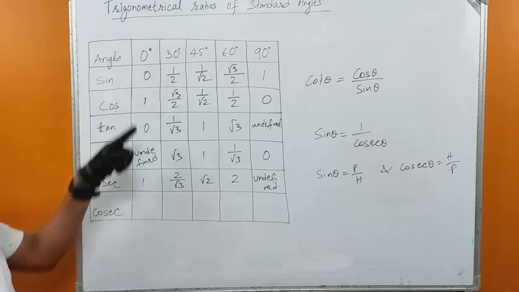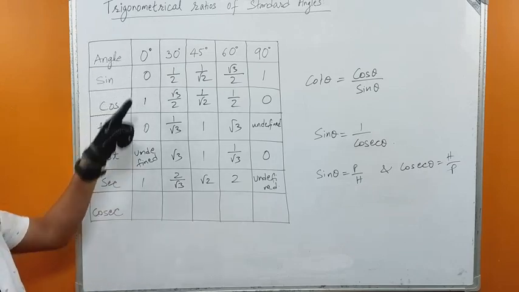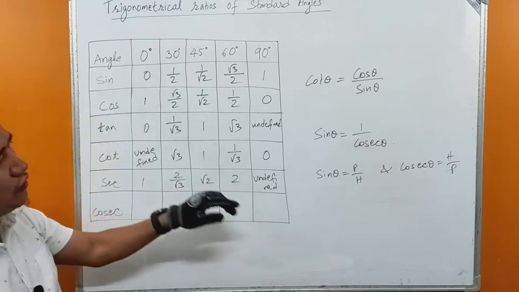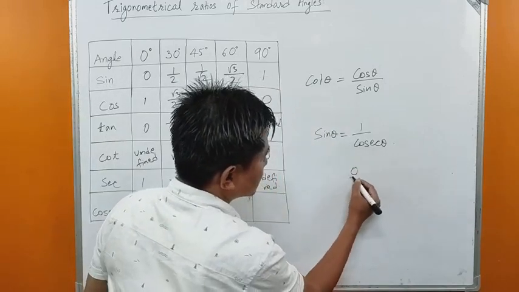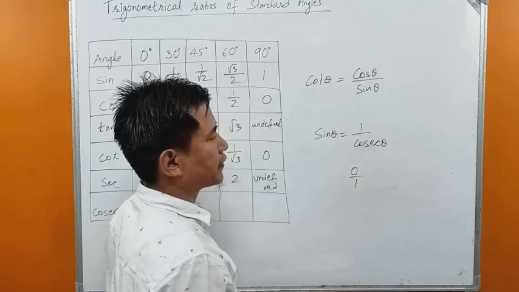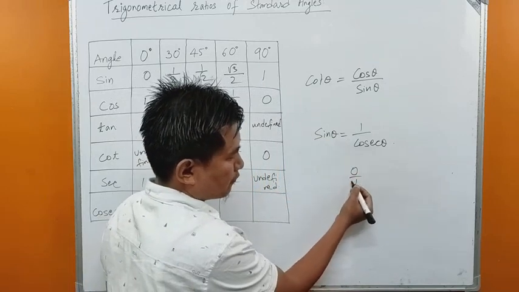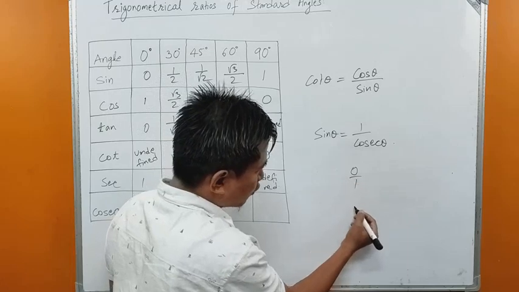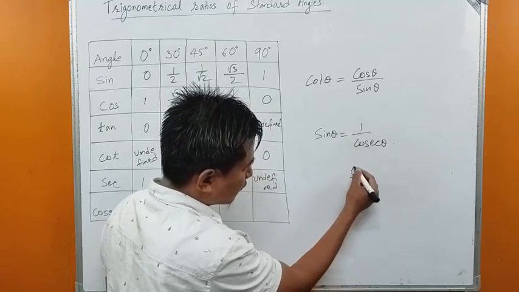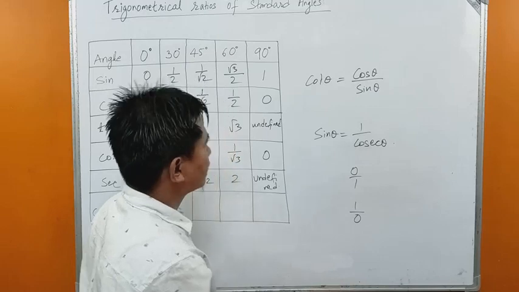So cosec 0 degree. Sine 0 degree is 0. 0 means there is always 1 in the denominator, never equal to 0. So the number from the denominator goes to the numerator, and the number from the numerator comes down to the denominator.